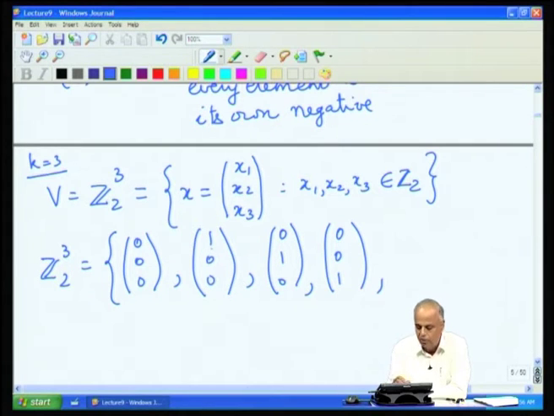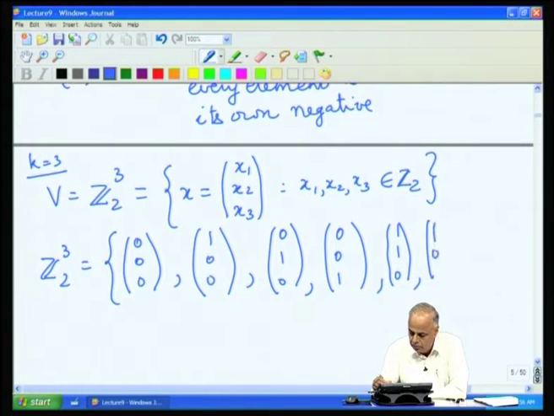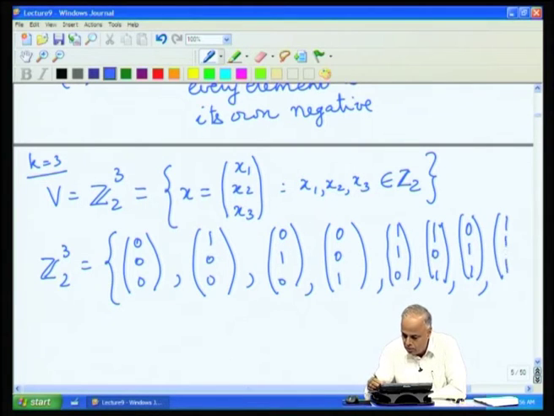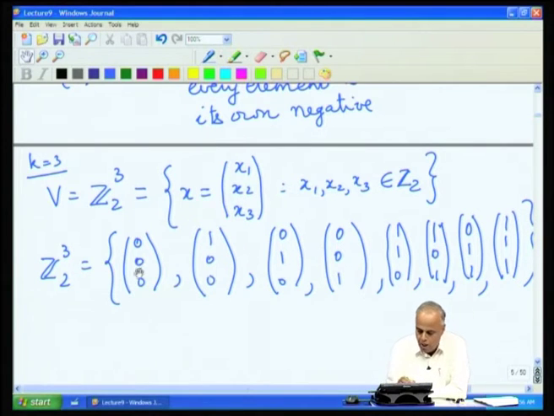The 1 can be in the first place or in the second place or in the third place. Similarly, we can have two 1s and one 0, and finally, we can have all 1s. So, we have 1, 2, 3, 4, 5, 6, 7, 8 elements in this Z 2 cube.